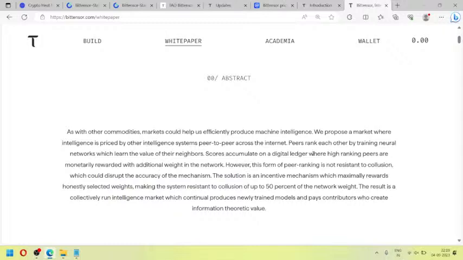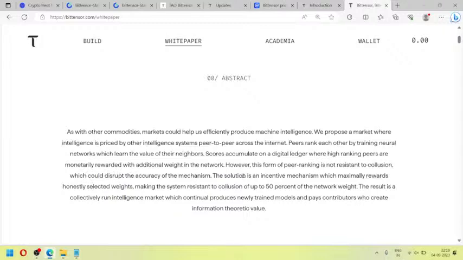Peers rank each other by training neural networks which learn the value of their neighbors. Scores accumulate on a digital ledger where high ranking peers are monetarily rewarded with additional weight in the network.